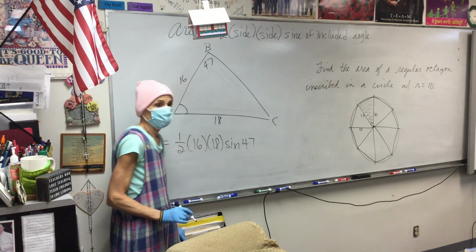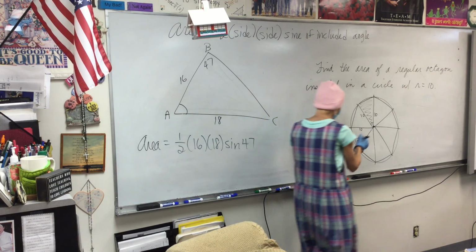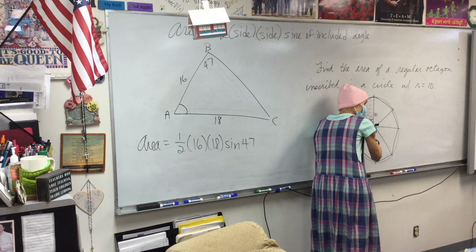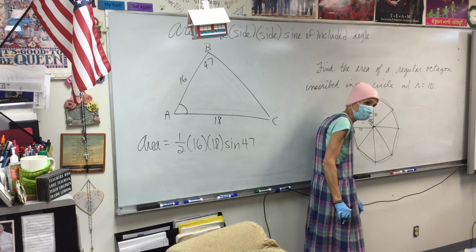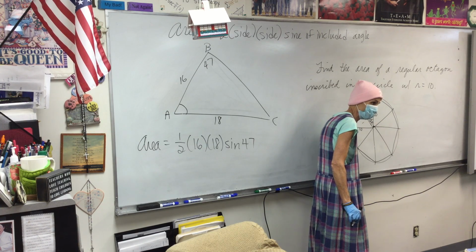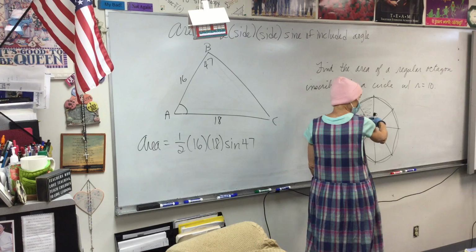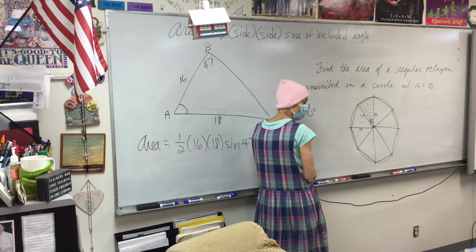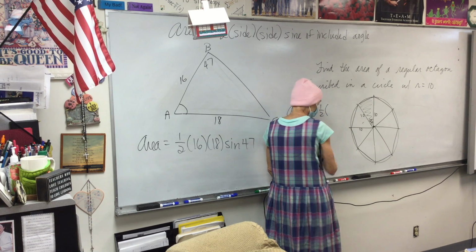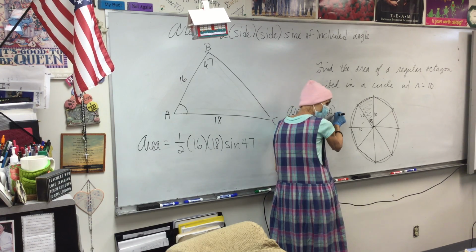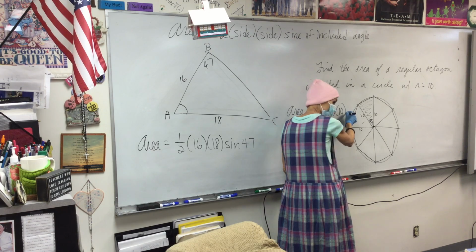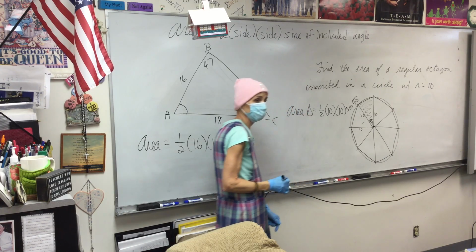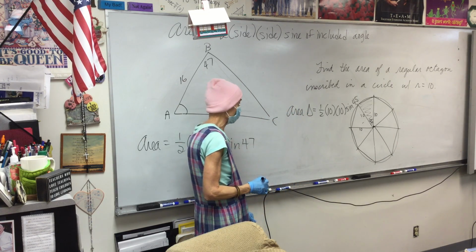It's 45. Why is it 45? Because you take 360 divided by 8. All the way around is 360, and there's 8 of them, and you already told me they're all the same. So the area of that triangle would be 1/2 times 10 times 10 times sine 45, all times 8, with brackets.